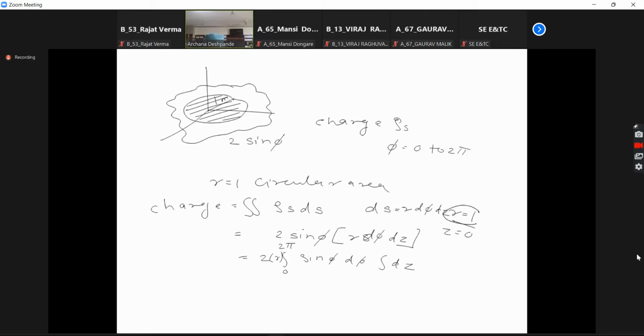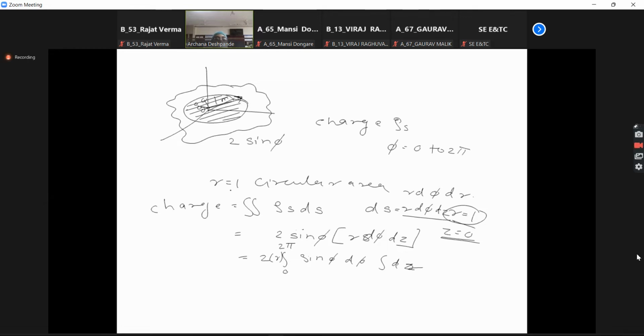So therefore, when you calculate ds, it has to be r d phi into dr. How will it be dr? Here r goes up to a maximum limit. You can imagine small small surfaces here, and every surface will have a different radius. So the limit is 0 to 1 for the radius. The diagram I have drawn shows that 0 to 1 is a limit.